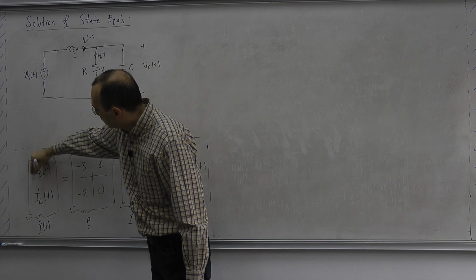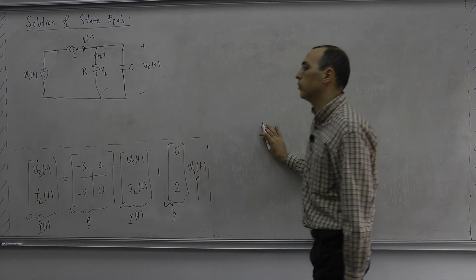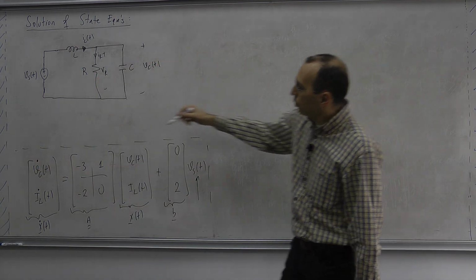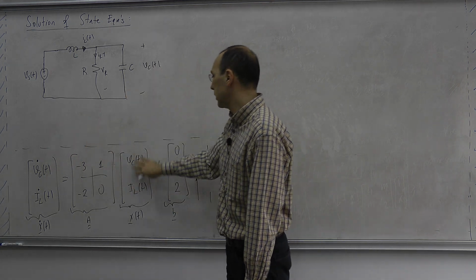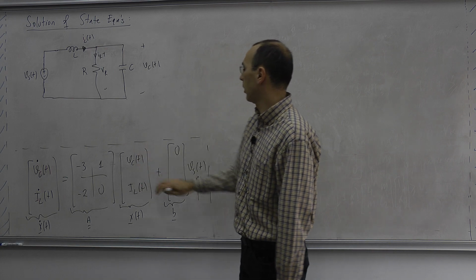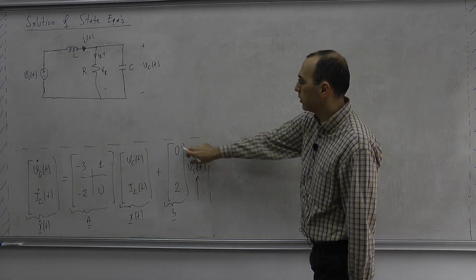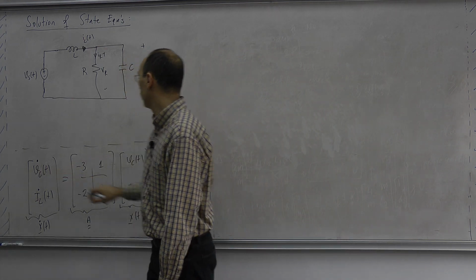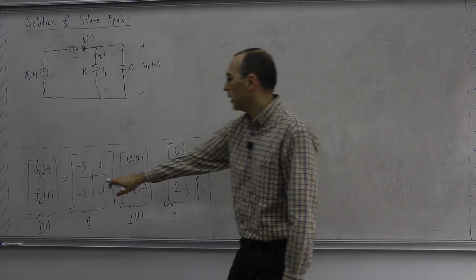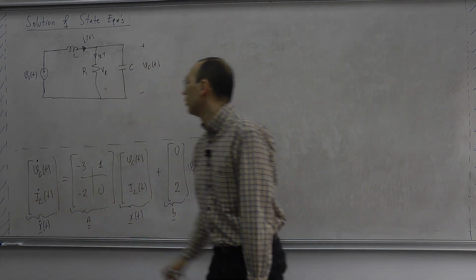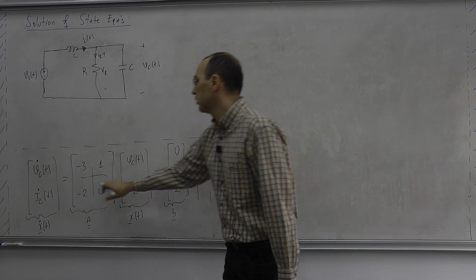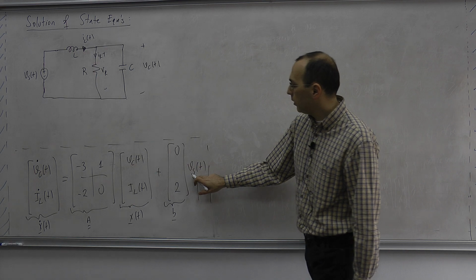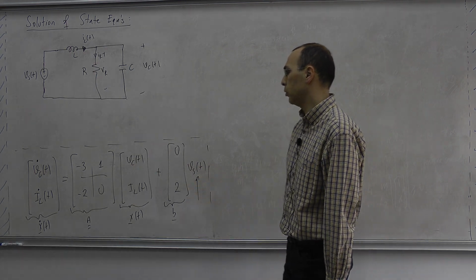Rate of change of this, Vc, that means rate of change of the capacitor voltage, is equal to a linear combination of the state variables, plus input is not affecting the first rate of change of the first variable. But for the second one, IL dot is equal to a linear combination of the state variables through this A matrix essentially, and input is directly affecting with the coefficient of 2.